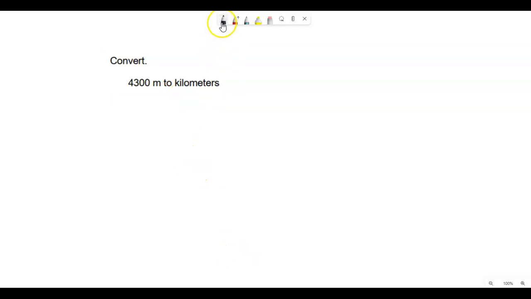Now for this one, I'm going to go ahead and give you the conversion, which is 1 kilometer is equal to 1,000 meters. All right, now I want you to go ahead and pause the video at this point and see if you can do this conversion using this equality over here.